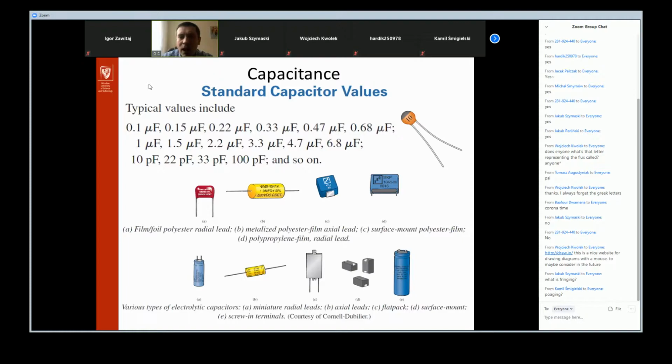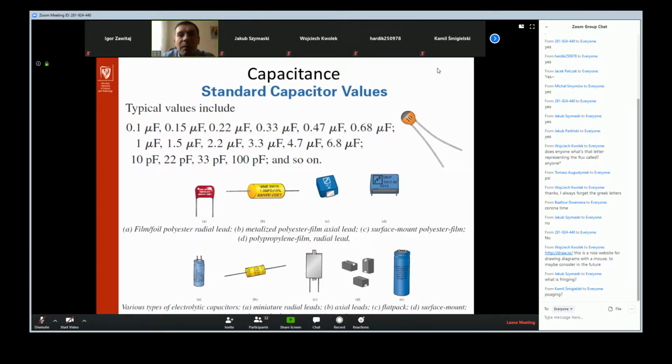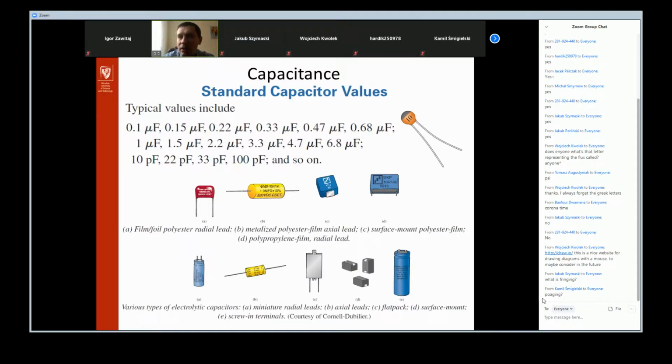In fact, why is it not linear? Because it is a complex of different materials. The structure of the materials is very difficult from the chemical point of view. So that's why this is not like resistors, where we've got, I don't know, a carbon layer, and we know what happens. Yeah, this is almost linear.